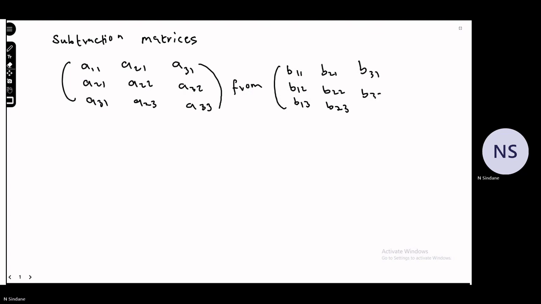So in this case, you want to subtract this matrix from that matrix.